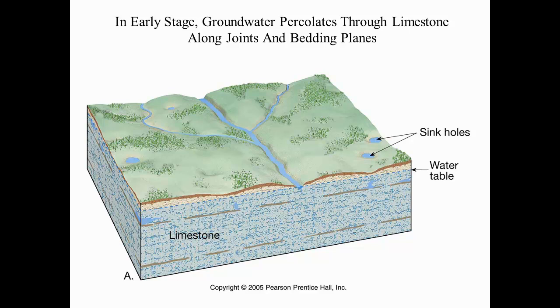And notice at this point the water table sits quite high to the point that it intersects this stream shown in that block diagram. Now at this stage, the groundwater, if it's acidic, will slowly begin to dissolve the limestone bedrock.